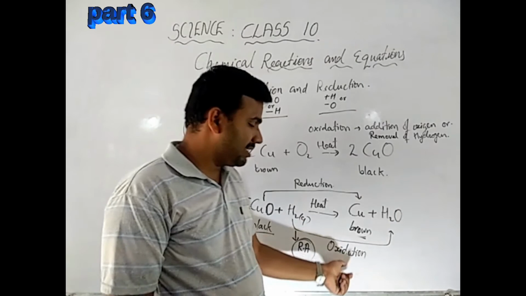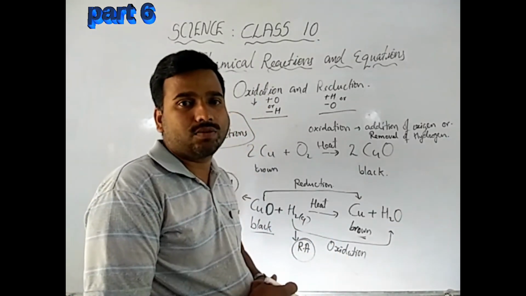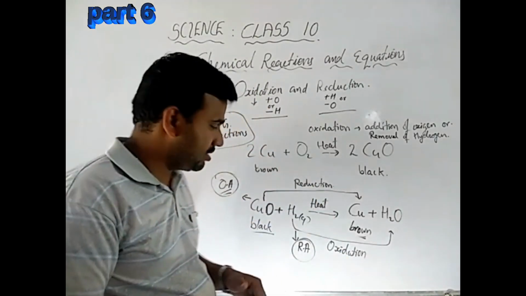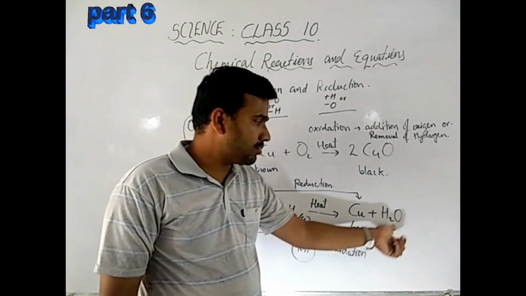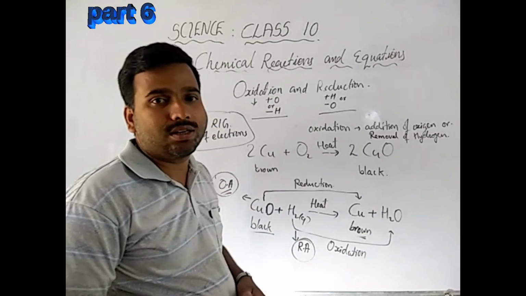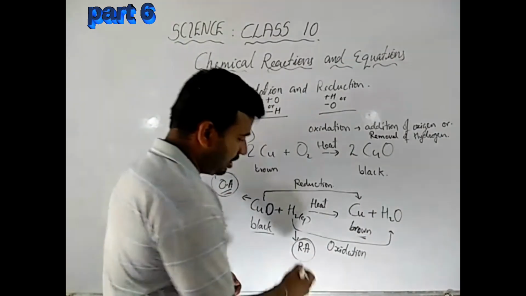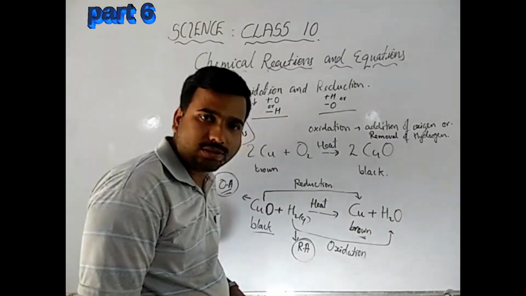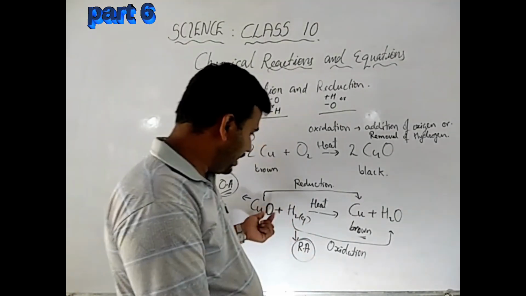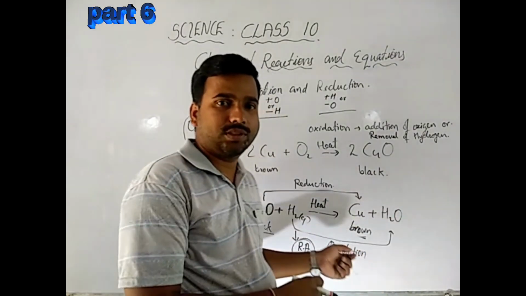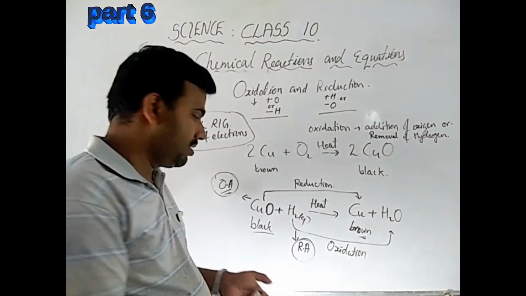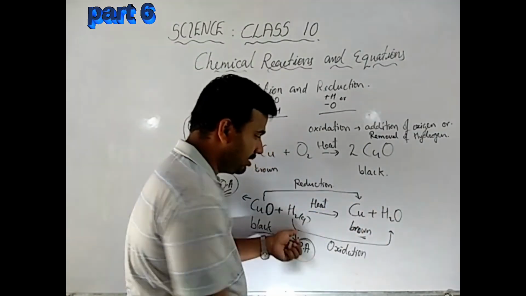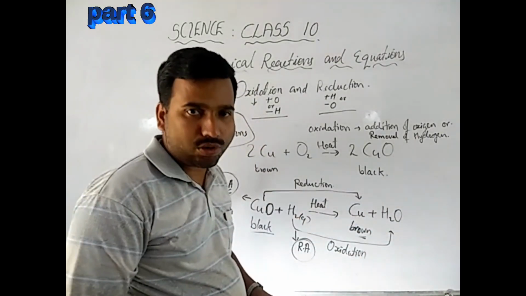Now the next one is reducing agent. What do you mean by reducing agent? The substance that undergoes oxidation is known as the reducing agent. Here you can see the reducing agent is hydrogen. Hydrogen can take away oxygen, and as a result it is undergoing the oxidation process.